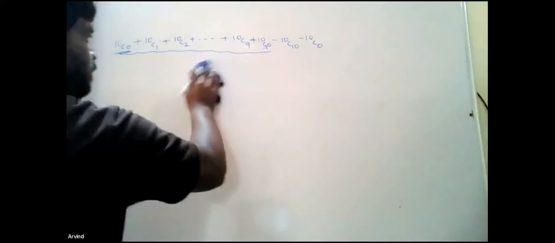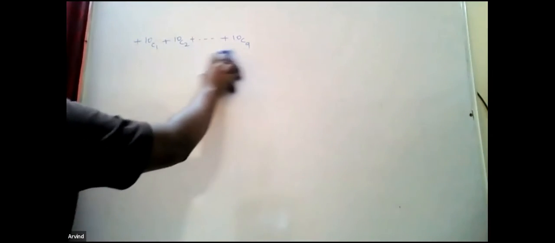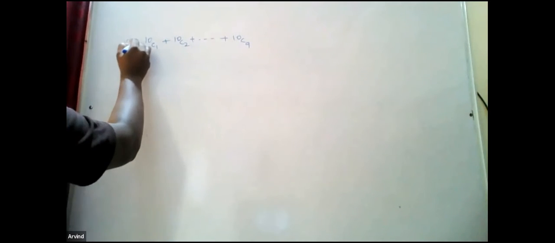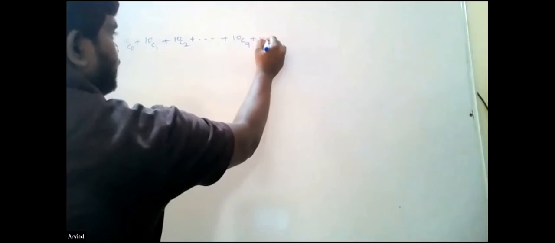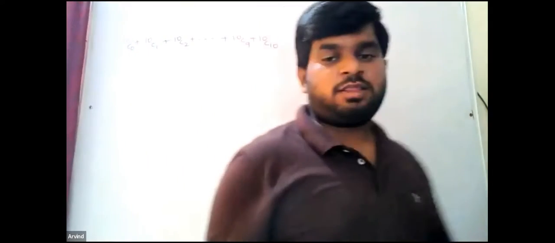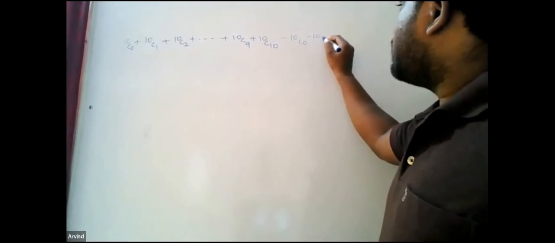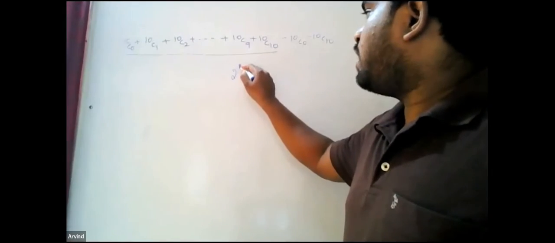I'll repeat it again. So this was the question. What did I do for this question? I simply added 10C naught and I added 10C10. If I'm adding it, I should also subtract it so that the question doesn't change. So 10C naught minus 10C10. Either these two values will become 2 power 10.